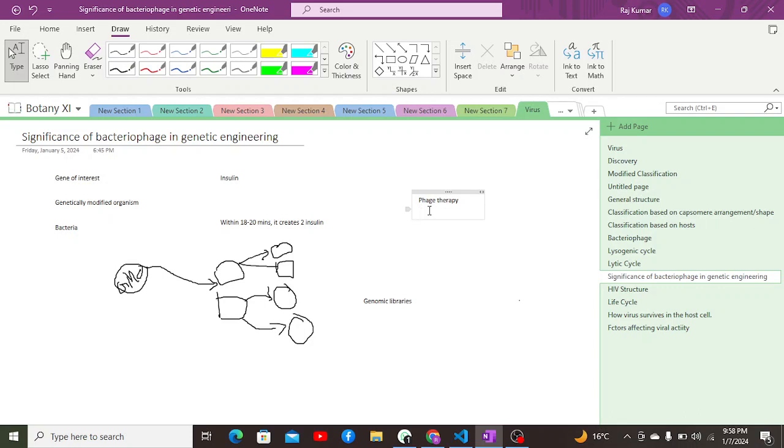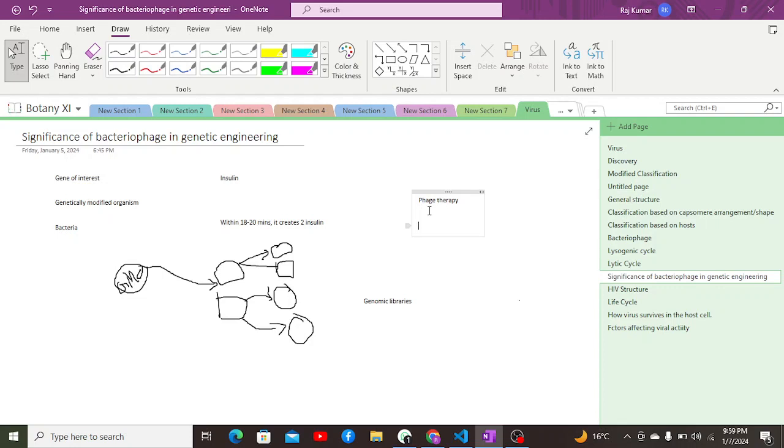They attack only a specific type of bacteria, so they can be encoded within their genome to attack a particular type of bacteria within our body, so that we can easily get rid of bacterial infections without harming the floral bacteria present within our body.